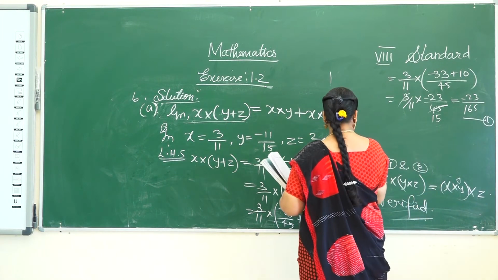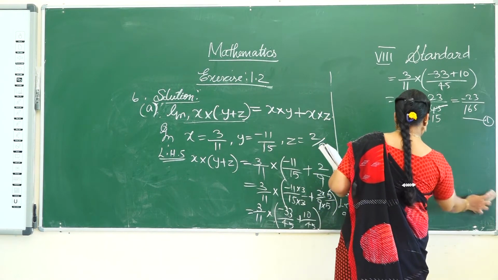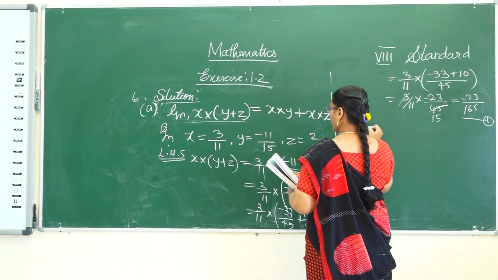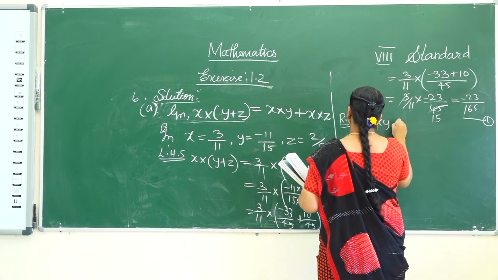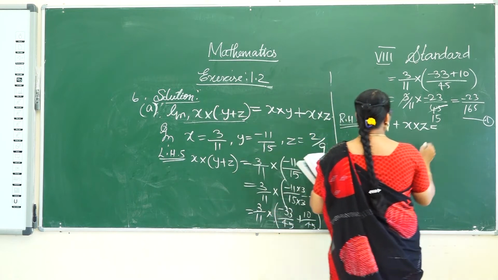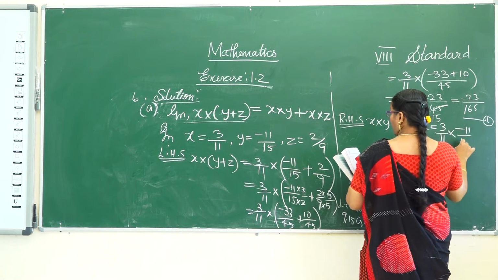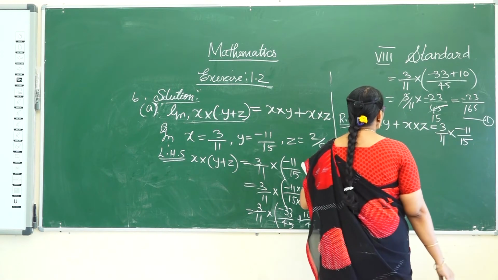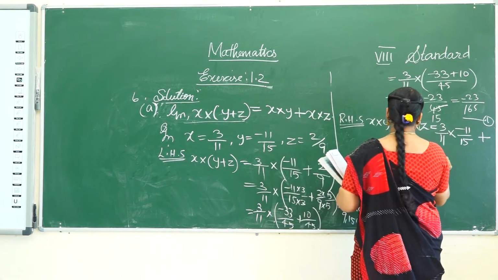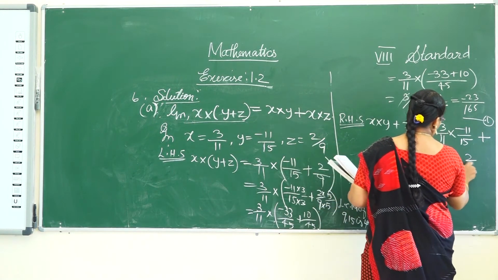Okay. Now the right hand side: x into y plus x into z is equal to, say x value here is 3 by 11 into y value, which is minus 11 by 15, plus x value 3 by 11 into z value 2 by 9.